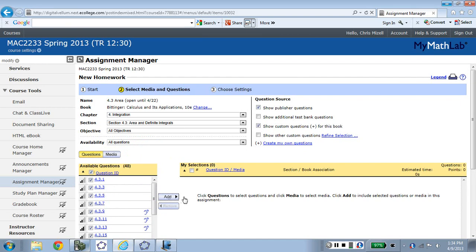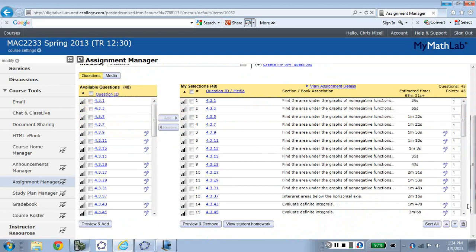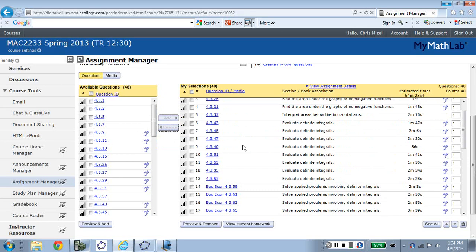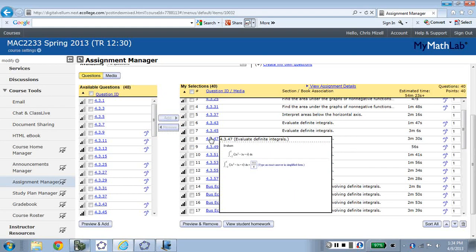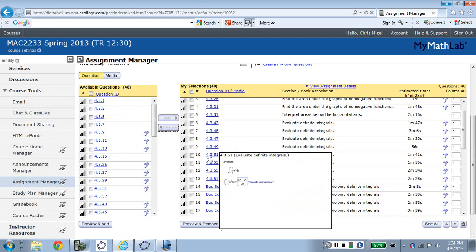All right, 48 little questions. Definite integrals. What are we looking at? Oh, radicals. Radicals look good. Polynomial looks painful. Exponential looks good.